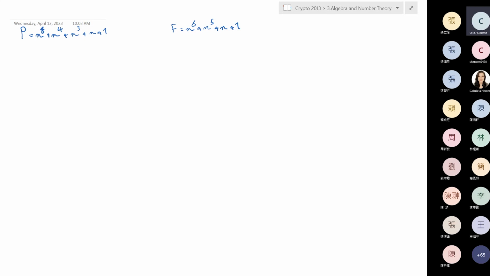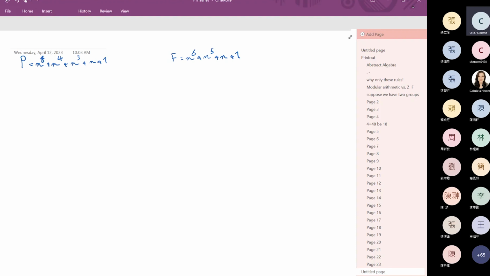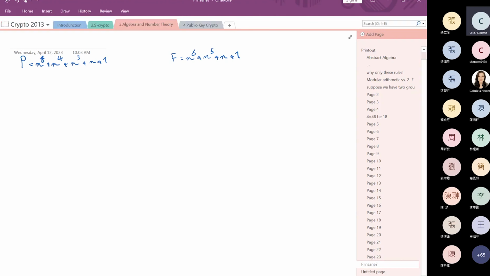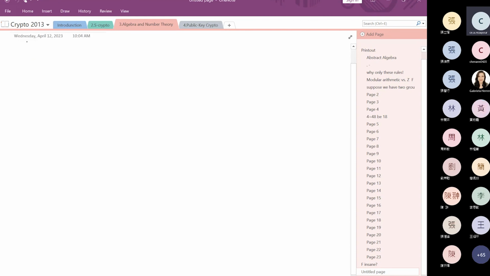So let's just go and find the GCD first. In order to find the GCD, you have to divide these two things with respect to each other. Let me go to the next page, and I keep all such computation there. Remember that the coefficients are in Z2, so we are doing mod 2 over coefficients.